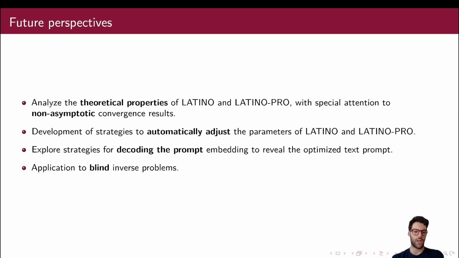And then we can also try to develop strategies to automatically adjust the parameters, for example the delta that we saw, which plays a big role in the integration scheme. And then we can try to decode the optimized prompt and see what the model has learned. And obviously, we can apply this to blind inverse problems.